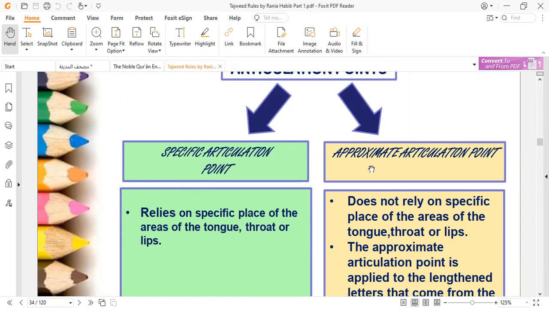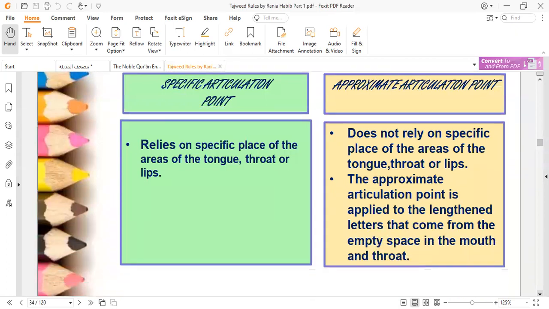And we have the approximate articulation point. We don't know a specific point that we articulate the letter from. So these approximate articulation points don't rely on a specific place of the areas of the tongue, throat, or lips, because it's in al-jawf, the empty space in the mouth and the oral cavity.